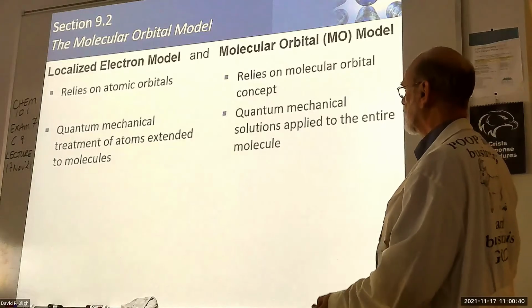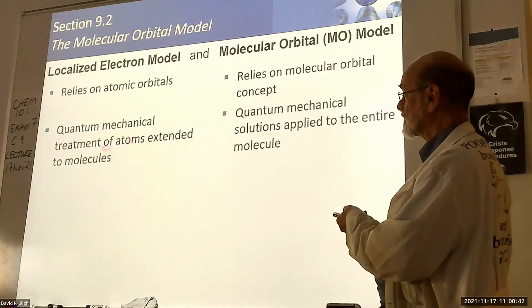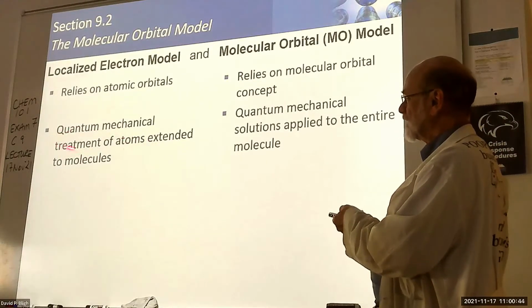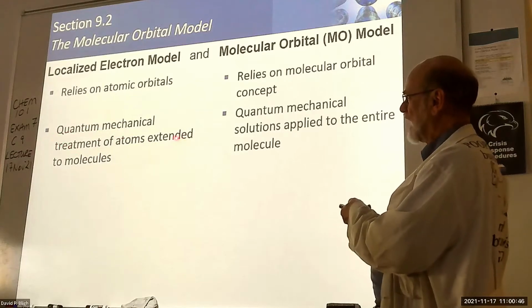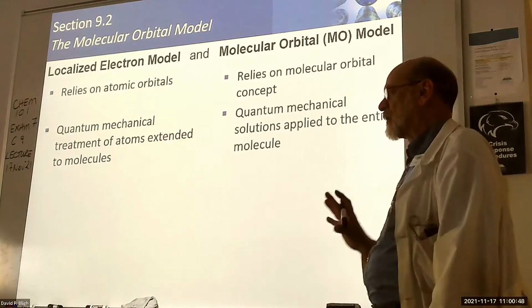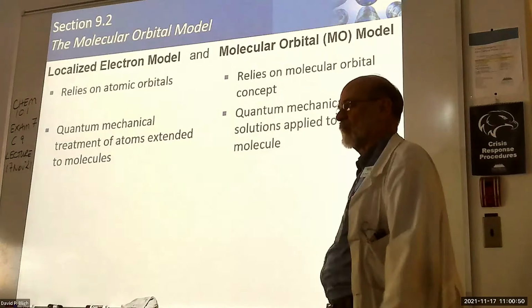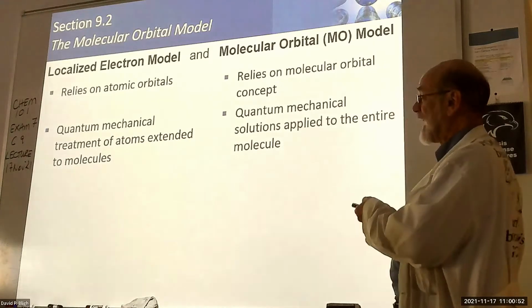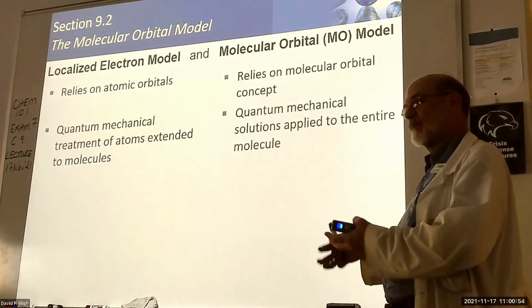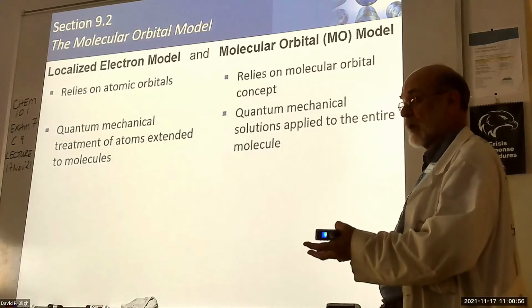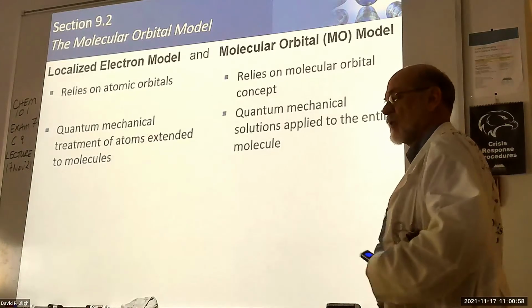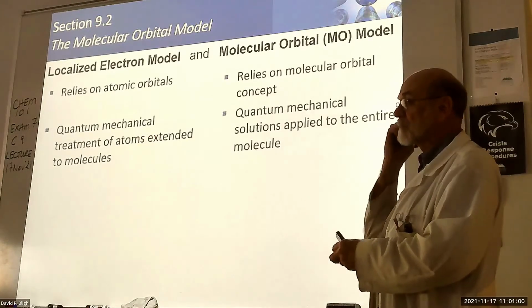Quantum mechanical treatment of atoms extended to the molecules. So we take our quantum mechanics and we push the calculations into molecular form. Right? We used quantum mechanics to describe the atom before, and it worked pretty well, even going back to the Bohr model.